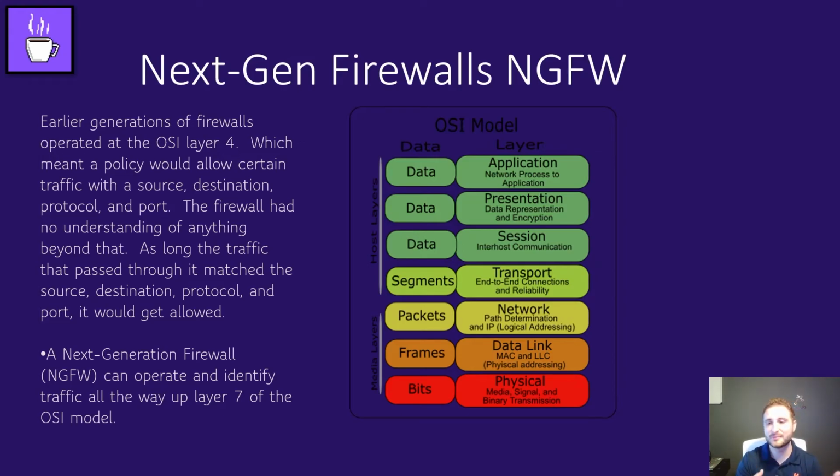Or maybe the user is browsing the web, and this firewall is also set up to act as URL or content filtering. So maybe the user is going to a site that they shouldn't be going to, or they're not allowed to go to. So this really turns the firewall into a big all-in-one security appliance where it can do a lot more than just the traditional packet filtering, right? And so that's where next generation firewalls come into the picture.